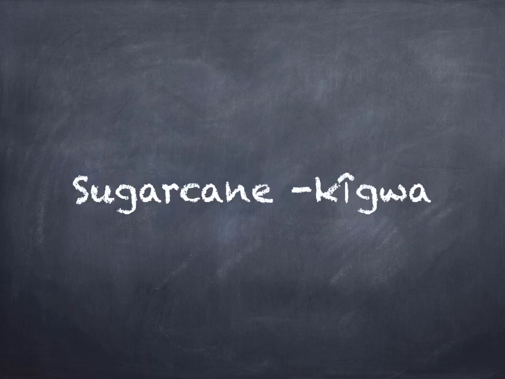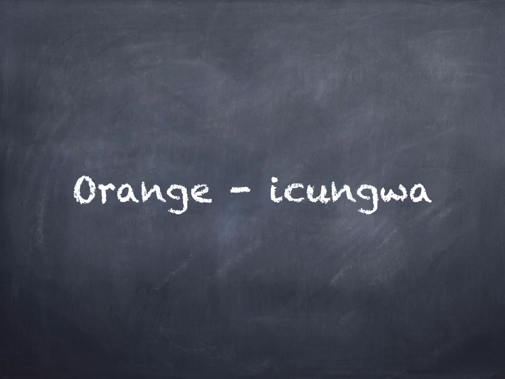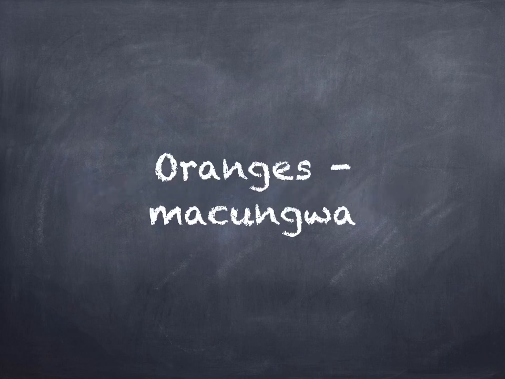Sugarcane is known as kegwa, and igwa for the plural. An orange is isugwa, while two or more known as masugwa.